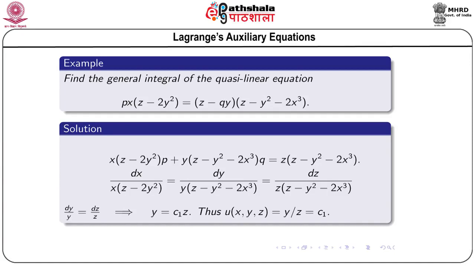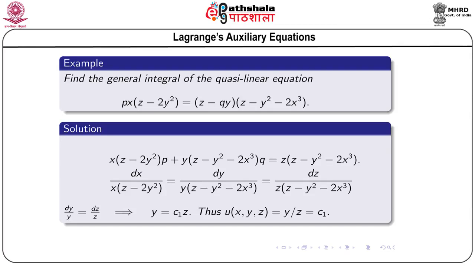Now, it is easy to find the solution of this simultaneous equation. If we observe this equation carefully, we can see that from the last two equations, one can find the solution easily like this: dy by y equals dz by z, and solving this equation one can obtain y is equal to c1 into z.